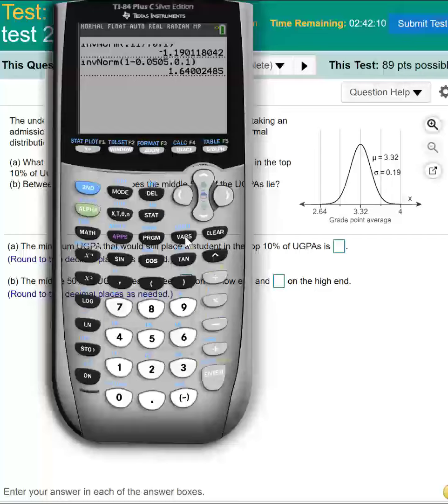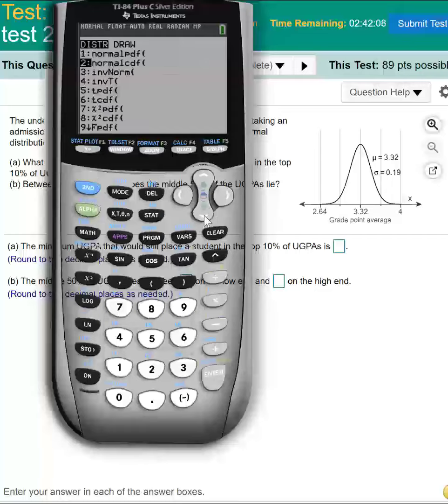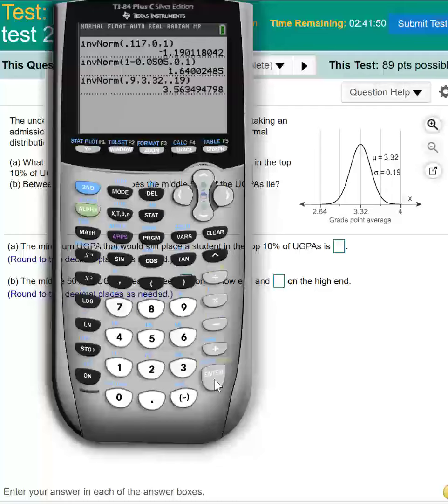So you just go second, variables, inverse norm, 0.9, and for the mean, you don't put 0.1 here, he wants the x value, so 0.32, we already have a mean and a standard deviation, 0.19. 3.56.